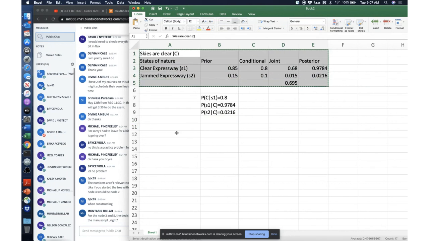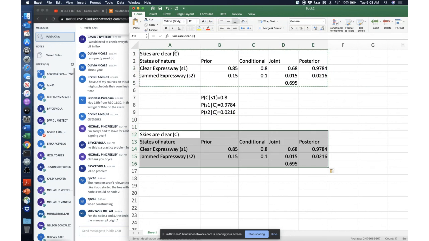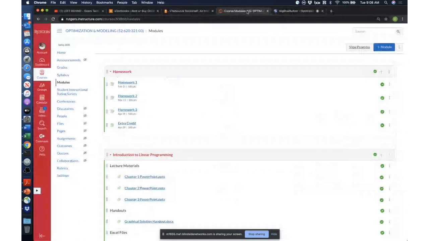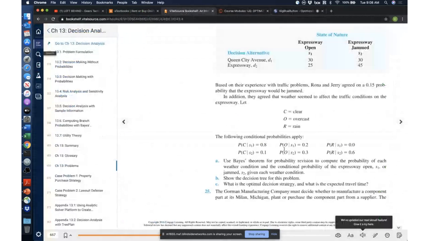So we calculated this for skies being clear. Now let's calculate this for overcast conditions. For overcast conditions, the 20% and 30%.